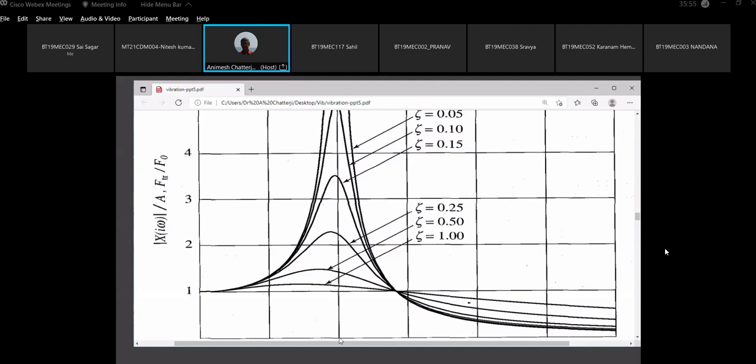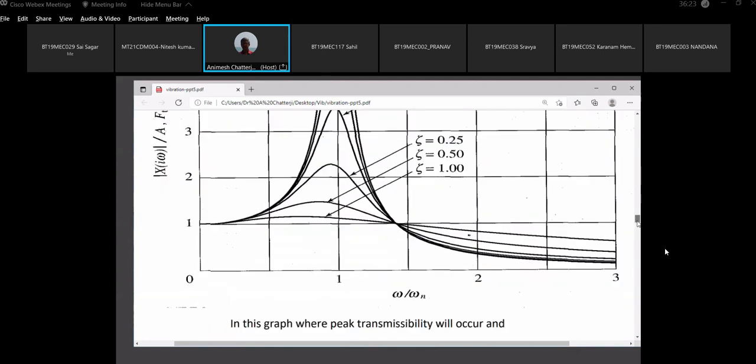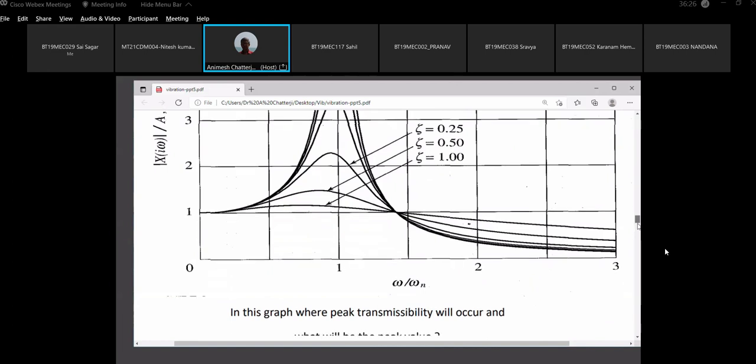This is a little bit of restriction, but as an engineer, we should always go for R greater than 1.4, that is root 2. But how much greater than root 2? That is decided by allowable machine vibration. Okay, so more or less you got some idea about force transmissibility.